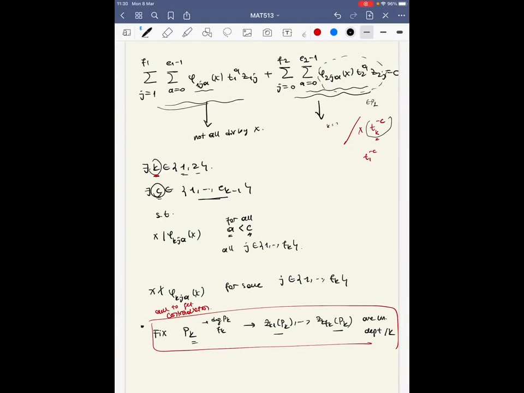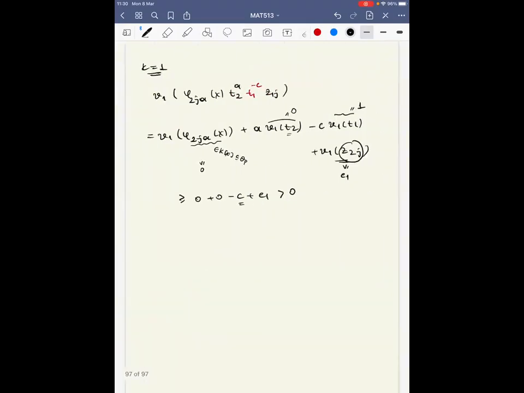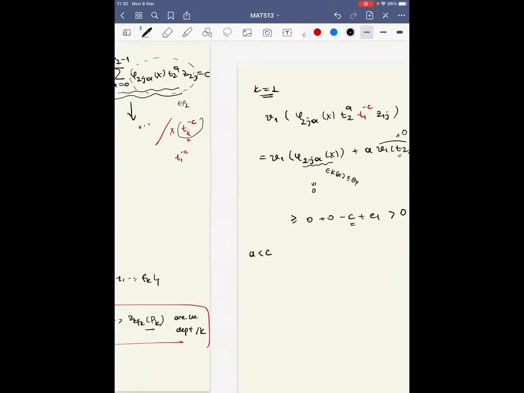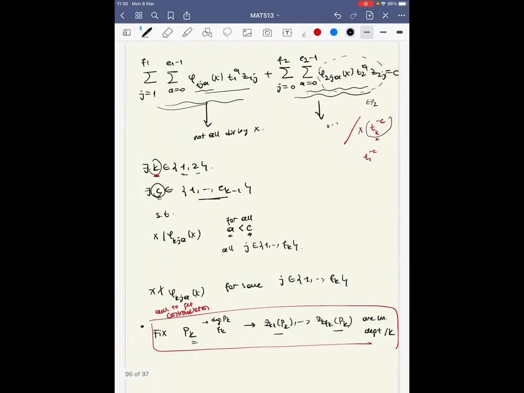And similarly, we can also analyze if each summand or each term belongs to P1 by checking the terms for the fixed j between 1 and E1.